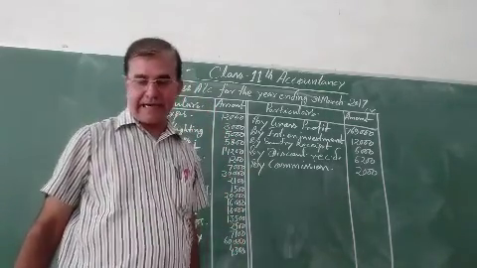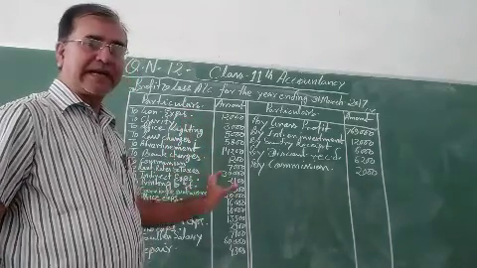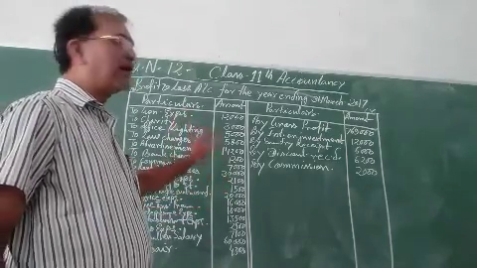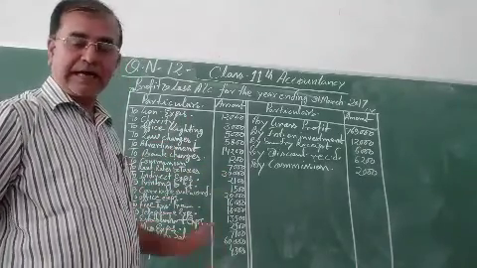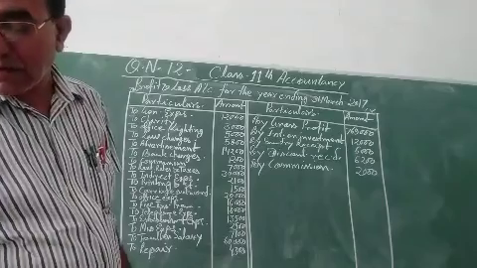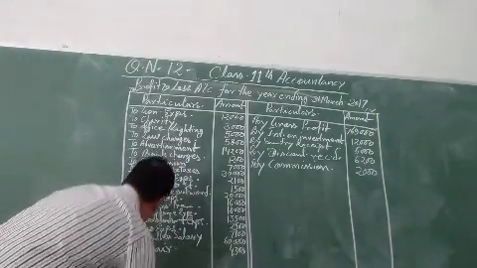And after that, the total of the debit column is subtracted from the credit column of the profit and loss account, and then the net profit occurs. Net profit will be 5,72,000.